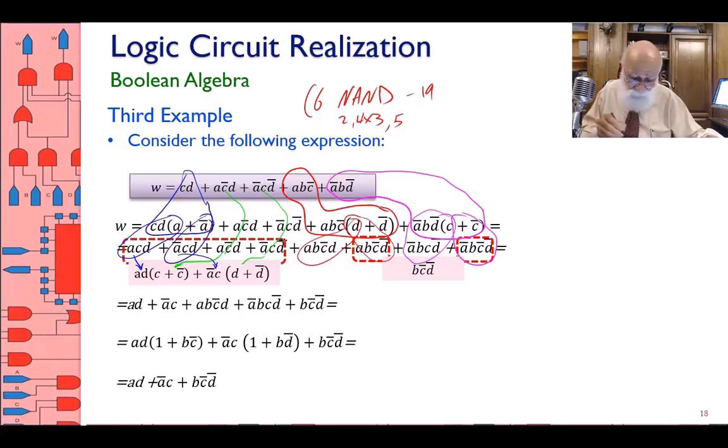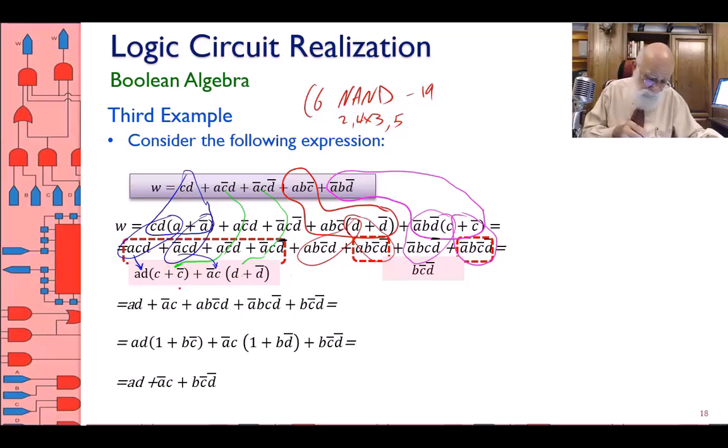And there was another D bar here that I want to make sure doesn't get lost. So with the two blue ones and one green, I came out with AD(C or C bar). The next one is A bar C(D or D bar).